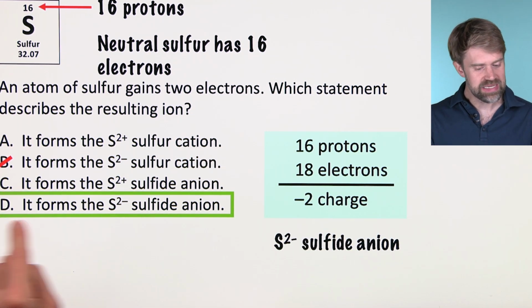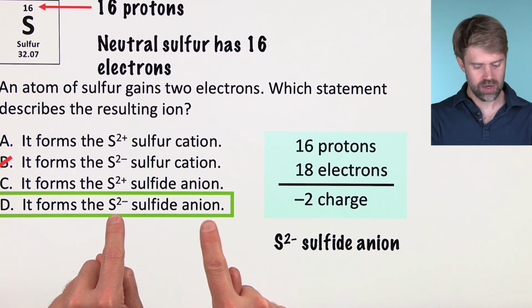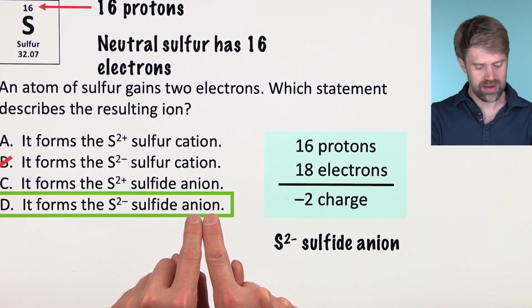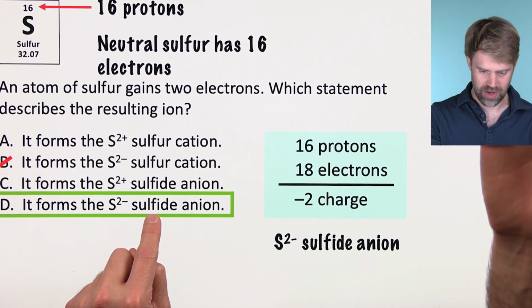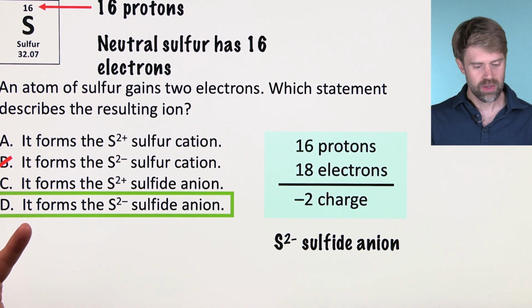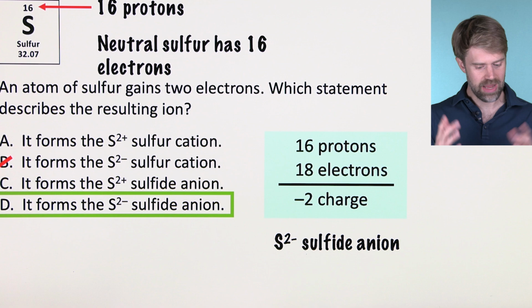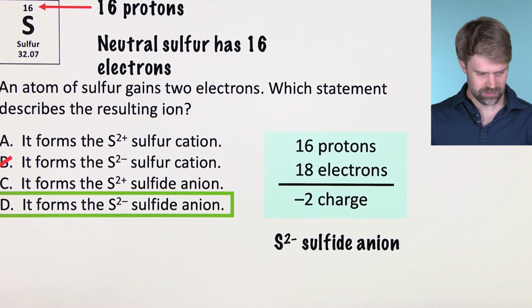So choice D is the correct answer. We have the right ionic charge and we have the right name of anion. Now, you might not have known that the name was sulfide as opposed to sulfuride or whatever, but you didn't really need to know that. You just do your accounting and know the difference between cations and anions.